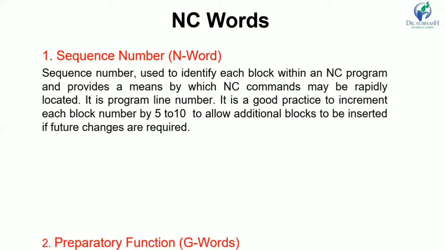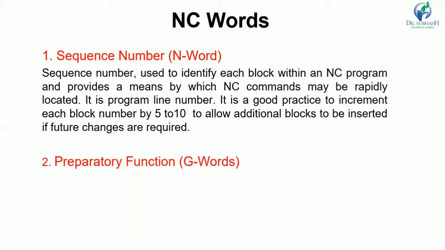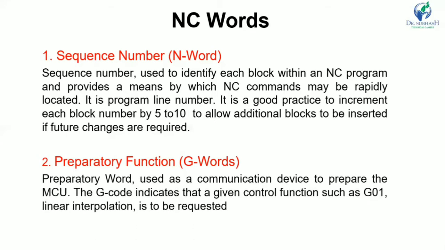Then the next one is the preparatory function. It is known as the G word. This preparatory word is used as a communication device to prepare the machine control unit. The G code indicates that a given control function, such as G01 for linear interpolation, is to be requested.